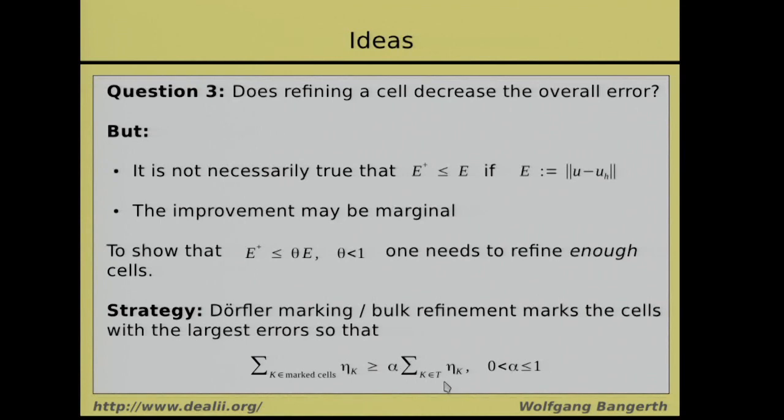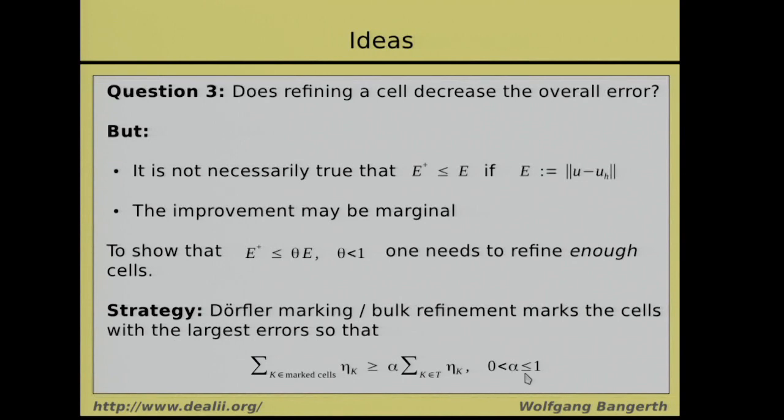Okay, so what that says is, for example, you need to refine those cells with the largest errors that, for example, make up 1/2 of the total error. And it might be that this is only a very small set of cells, but the error on these cells together makes up a sizable fraction of the overall error.